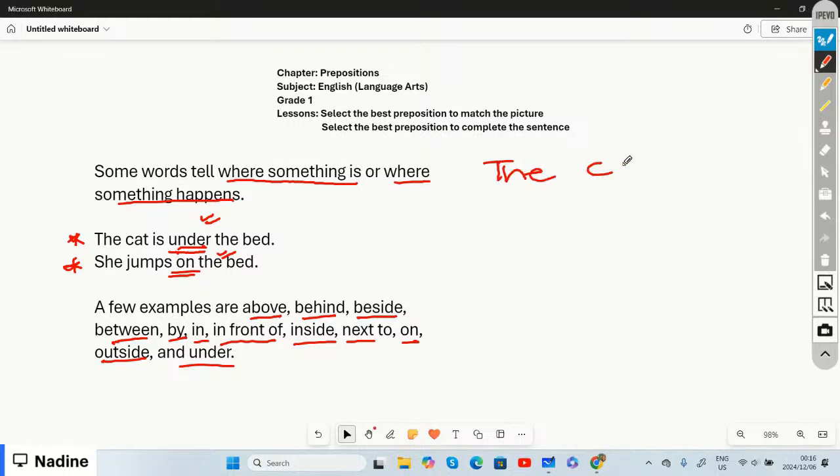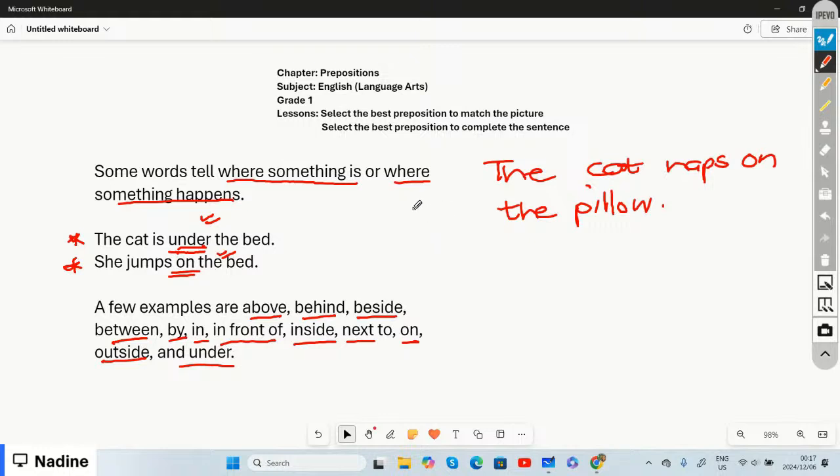It says, the cat naps on the pillow. If we look at that sentence, it says the cat naps on the pillow. Then what is our preposition within that sentence?